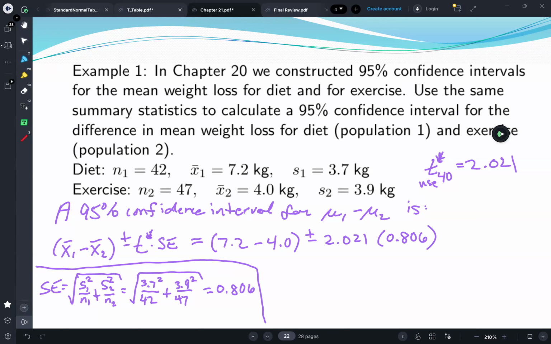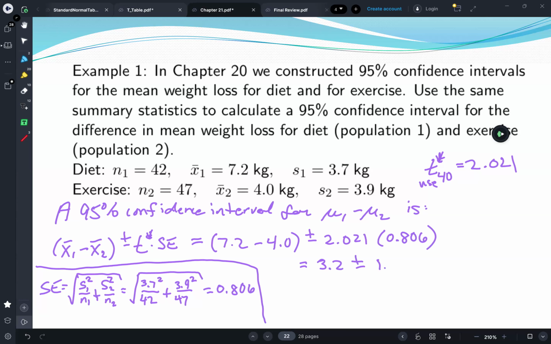Then I can go equals 3.2 plus or minus 2.021 times 0.806.